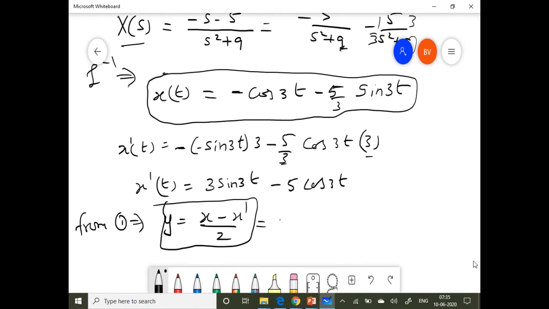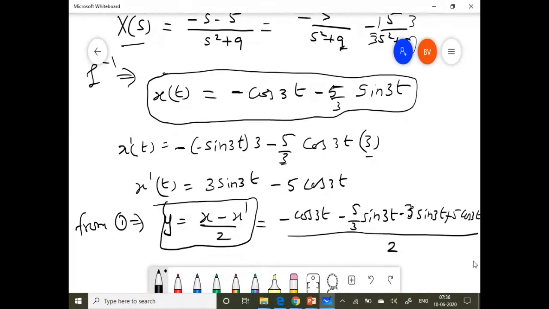X is minus cosine 3t minus 5 over 3 sine 3t, minus x prime, first term minus 3 sine 3t, and minus and minus will be plus 5 cosine 3t, whole divided by 2.